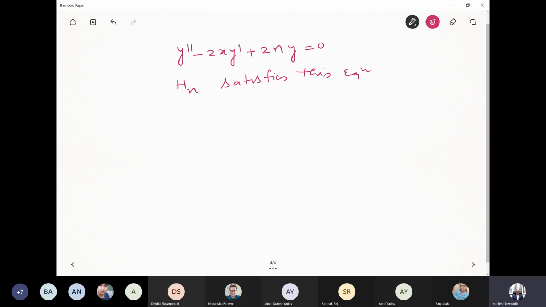Now we have to find the weight function so that the integral of Hn(x) into Hm(x) times w(x) is 0.